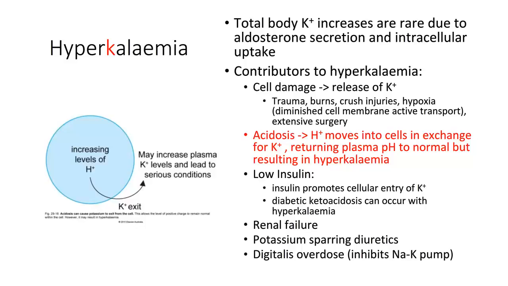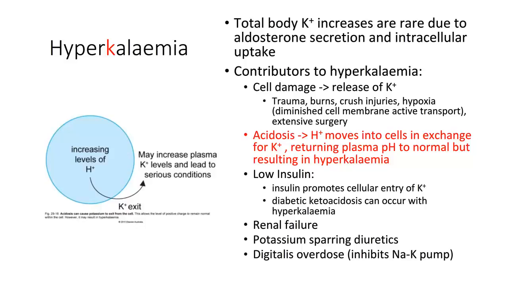Other circumstances that contribute to hyperkalemia is insulin. Insulin can promote cellular entry of potassium, and so if the insulin levels are low, then the potassium stays in the extracellular fluid, and diabetic ketoacidosis can occur with hyperkalemia. Renal failure can have this effect, so that the aldosterone can't act on the kidneys to cause potassium to be lost.